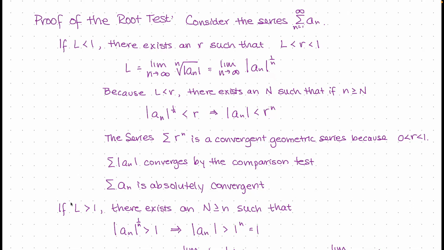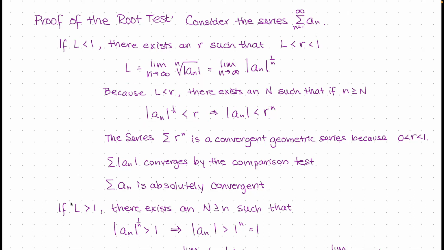Now, because L is less than r, and remember that's because we're defining it that way, then, and here's the thing we were talking about when we were going over the homework, there exists an n such that the nth term is always less than r. This is just saying that eventually this is going to be true. So if the limit approaches L, eventually we can say this.